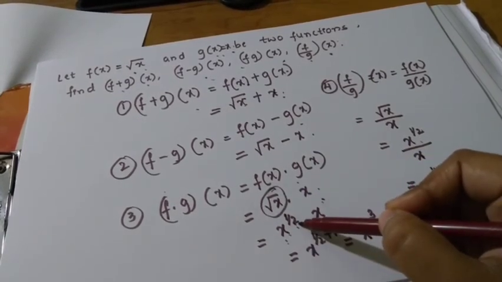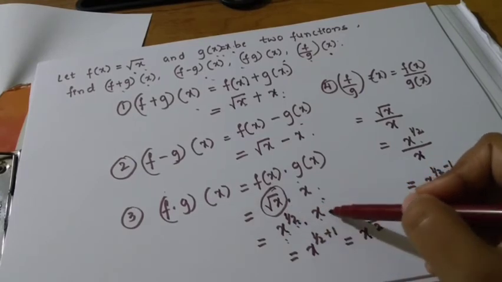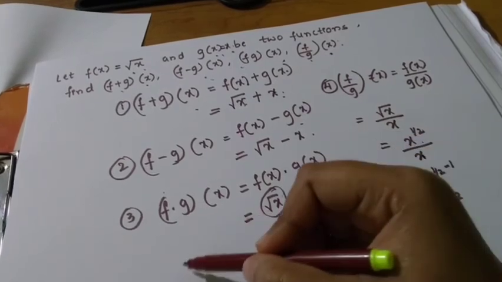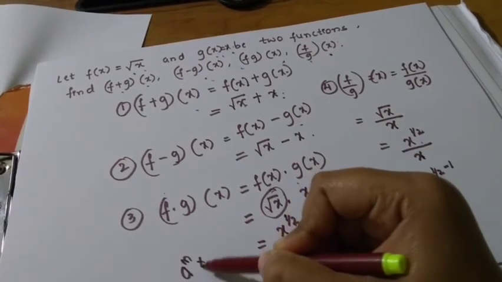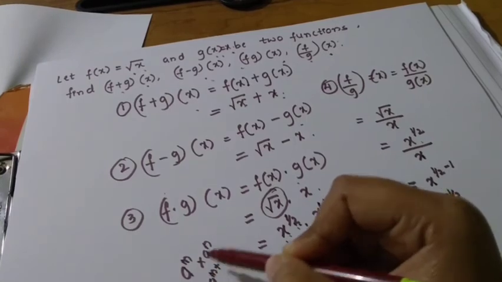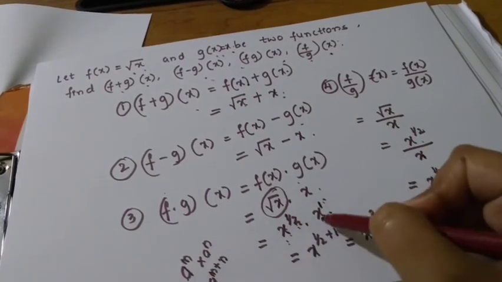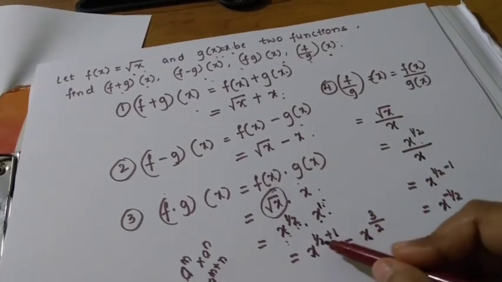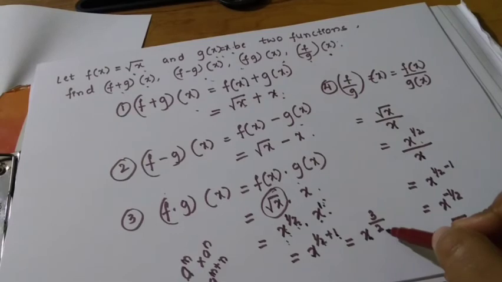So it is x raised to 1 by 2 into x raised to 1. So what can you do with this? When it is a raised to m into a raised to n, you do a raised to m plus n. In the same way, when it is x raised to m into x raised to n, you do x raised to m plus n. So x raised to 1 by 2 plus 1 is 3 by 2.